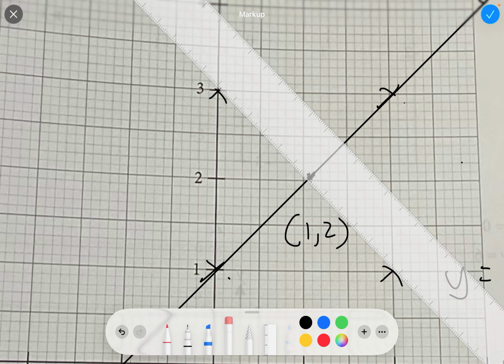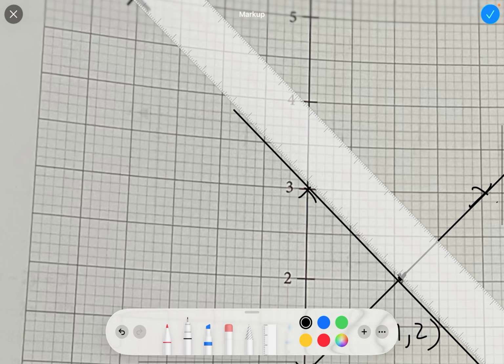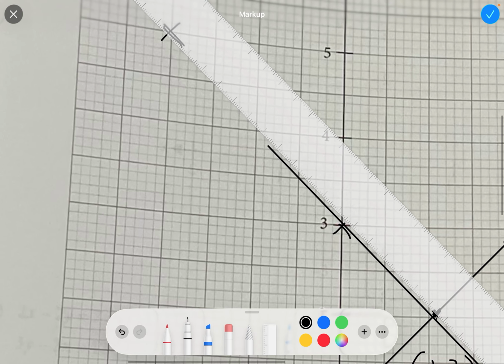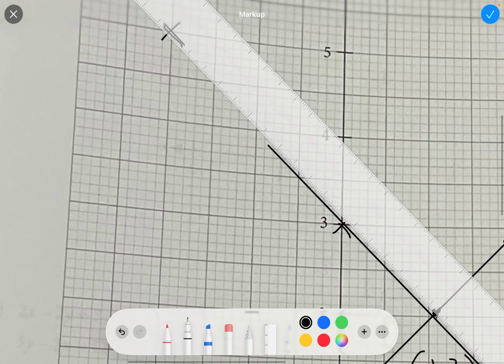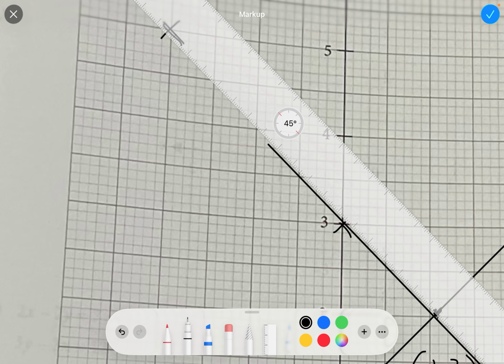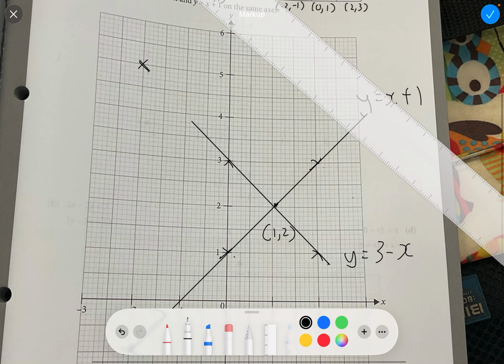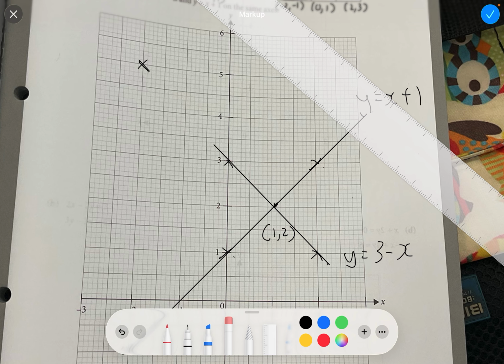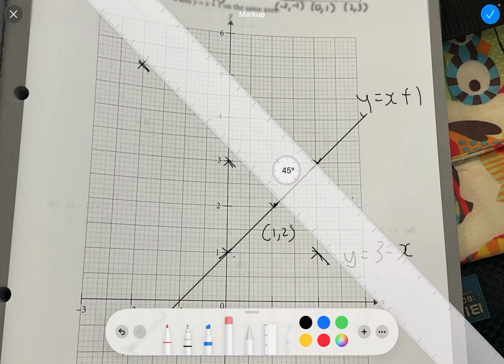Okay? My x equals 1 and y equals 2 is from this intersection. At this intersection, my x equals 1 and my y equals 2. So x equals 1 and y equals 2 is the solution for both equations at the same time.